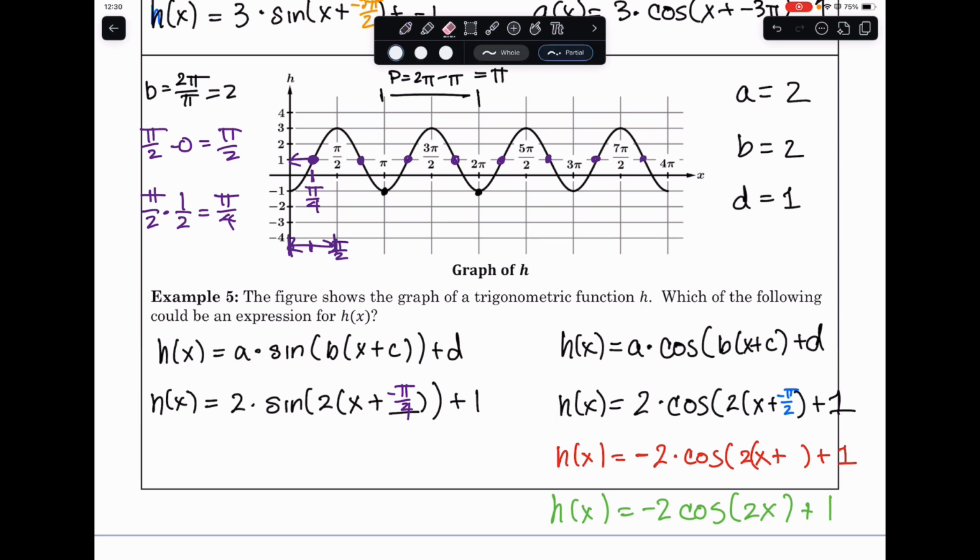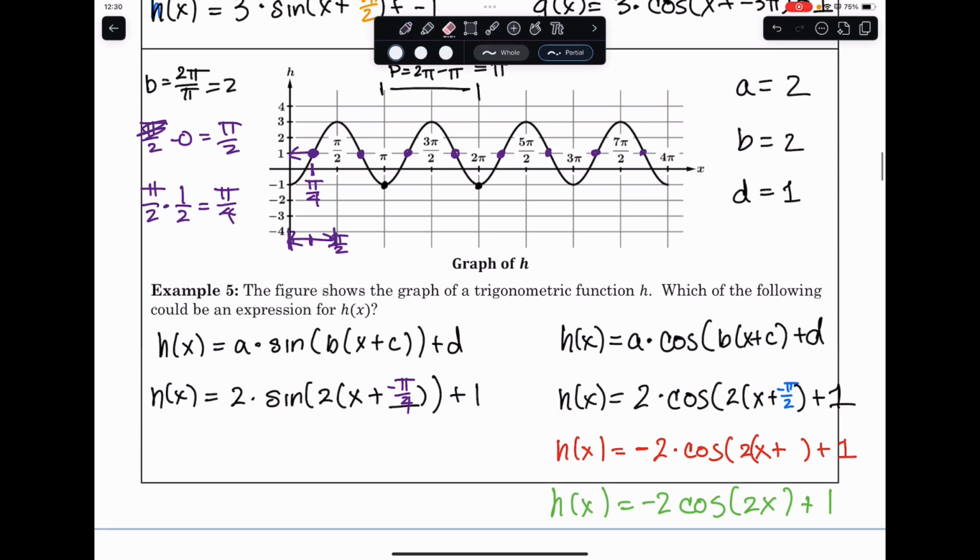Or if I think about the original function, and I think about the original sine function that has the middle at 1, it would have to go up at 1 to 3. And then negative 1.